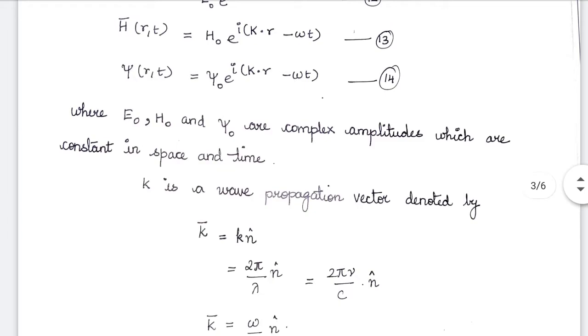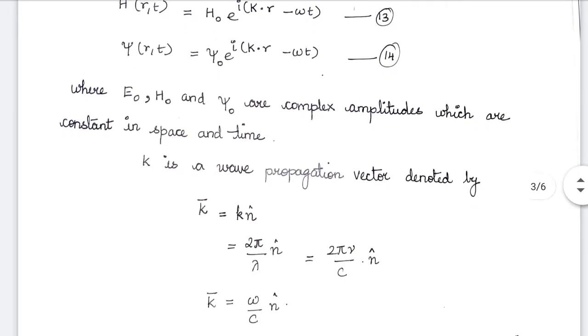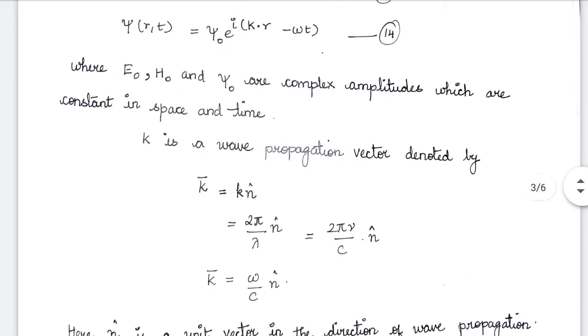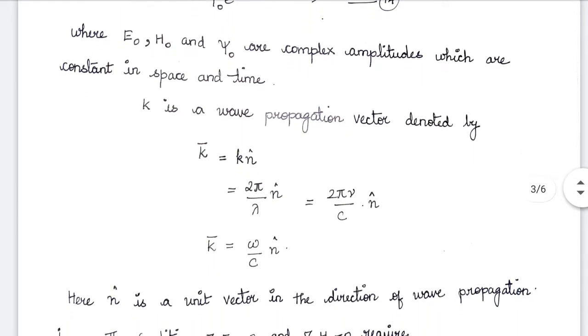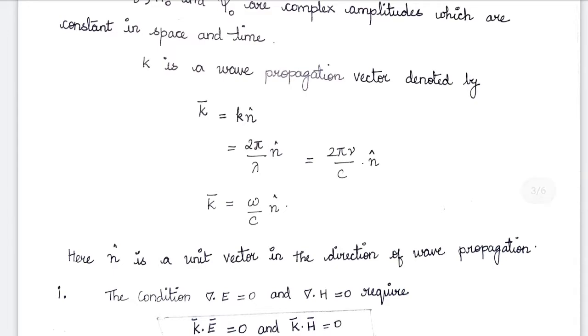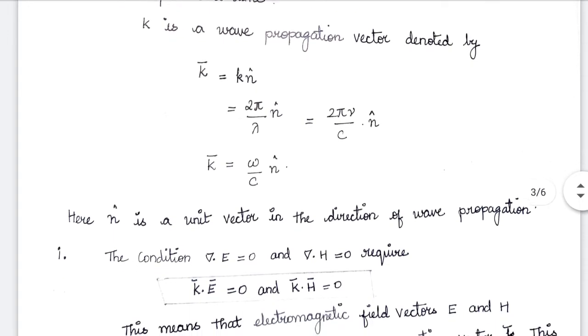This small k is nothing but the wave number, which is given by 2 pi by lambda, or you can write it as 2 pi nu by c into n vector. So 2 pi nu is nothing but our angular frequency omega, so omega by c into n unit vector. Here n cap is a unit vector which acts in the direction of propagation of the wave.